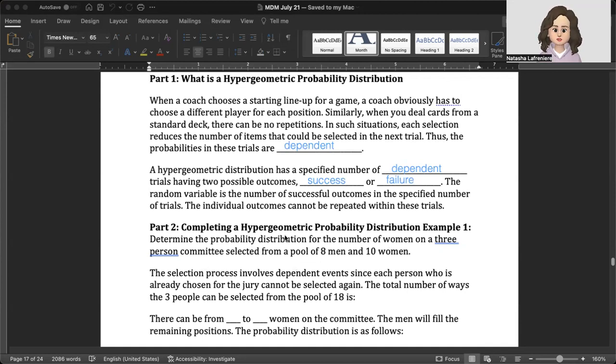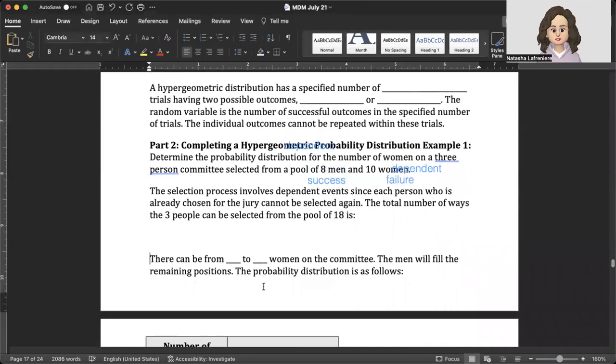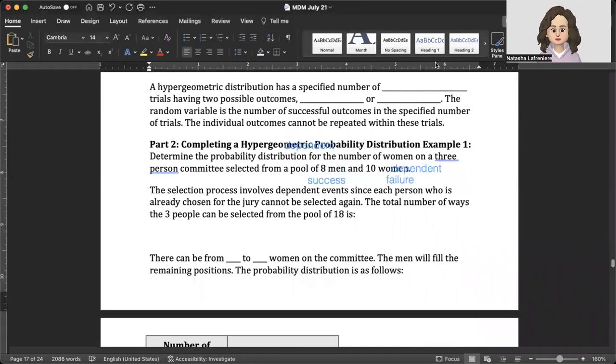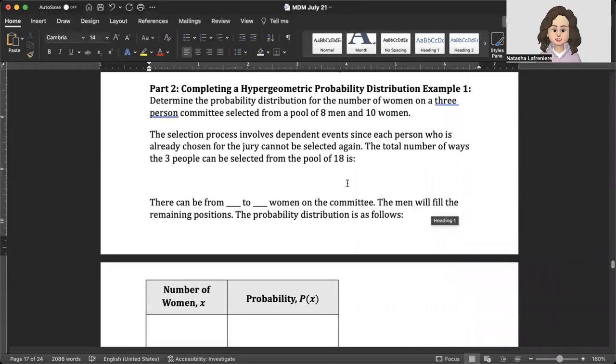Okay, so completing your hypergeometric probability distribution. We've got example 1. Determine the probability distribution for the number of women on 3-person committees selected from a pool of 8 men and 10 women.